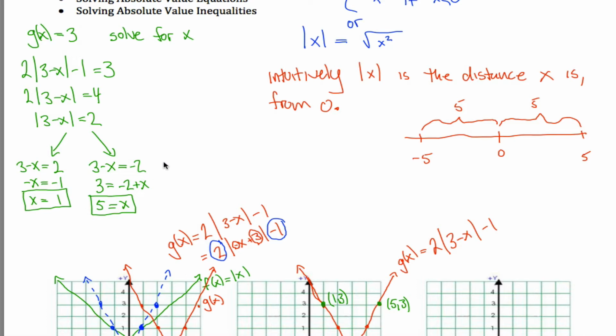Little commentary here. Something that you have to be really careful with in absolute value equations is, imagine you had 3 minus x equals -2 here. So a different problem. If this were 3 minus x equals -2, you could still blindly go through and solve it. You could say 3 minus x equals -2 or 3 minus x equals the negative of -2.